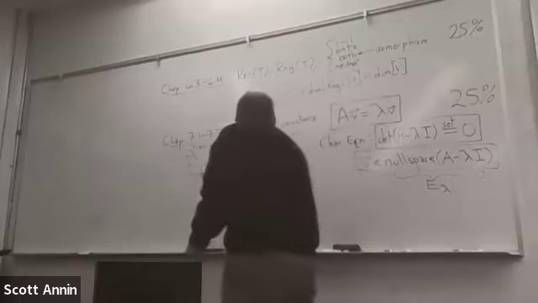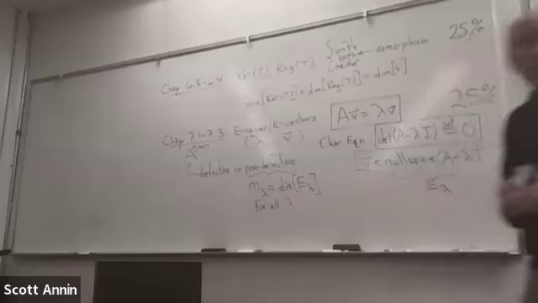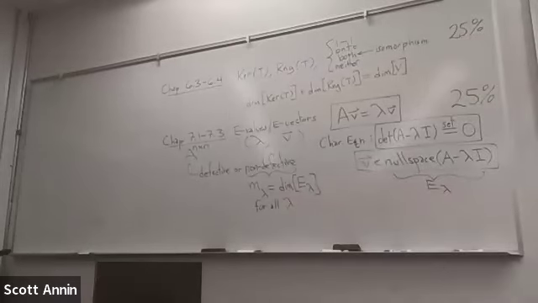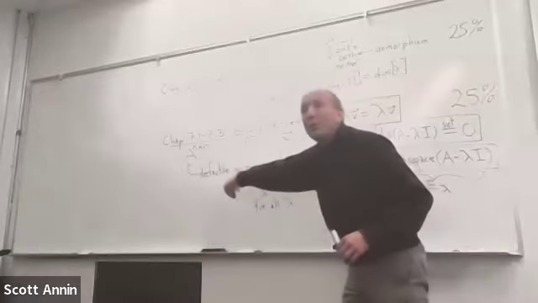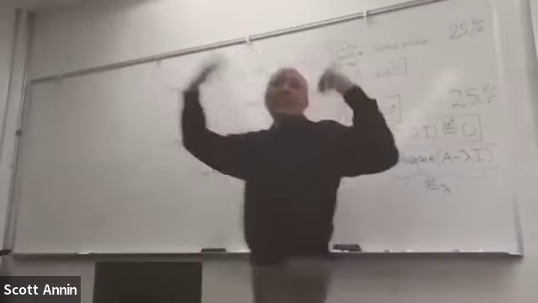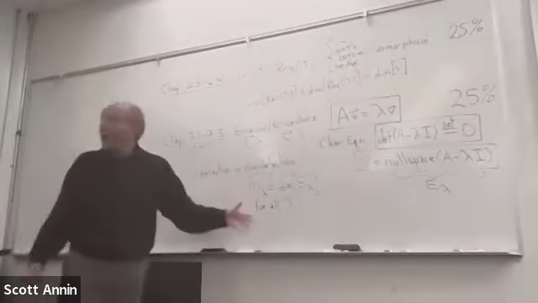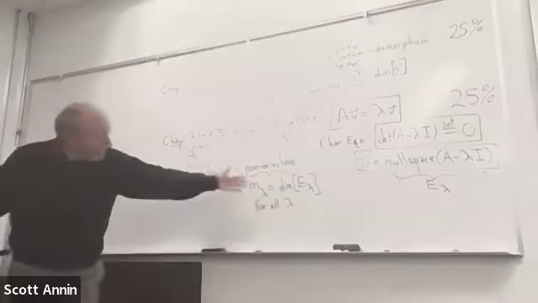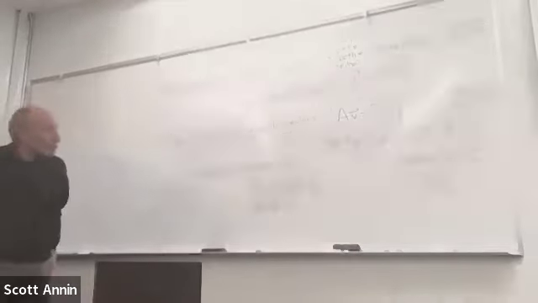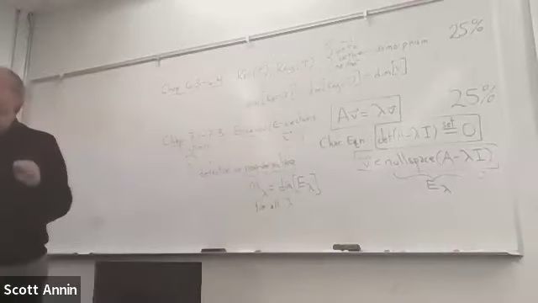And for a matrix to be non-defective, then for all of the lambdas, the dimension of the eigenspace should match the multiplicity. The way I like to say that casually is just that every eigenvalue should pull its weight, right? Every eigenvalue should pull its weight. And if that's true, then the matrix is non-defective.